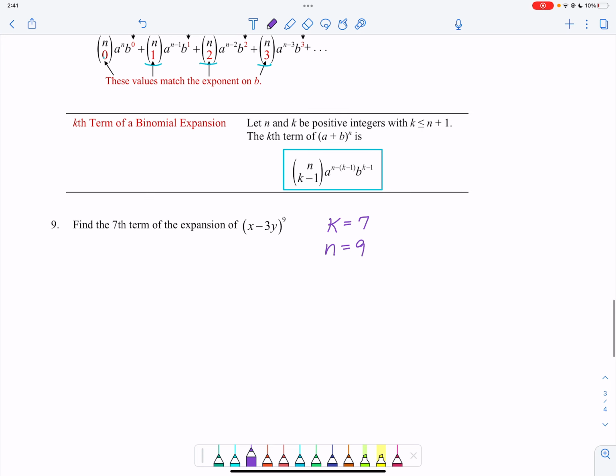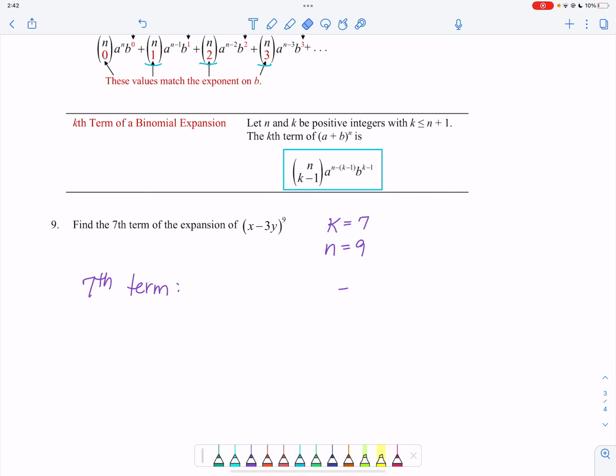So with that, the 7th term is going to be 9 choose 6. And that's because, well, we'll write these first. We have x to the 9 minus 6 and negative 3y to the 6th. Why don't I write this formula first?